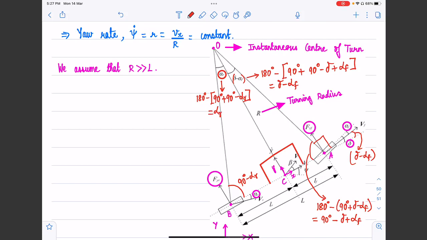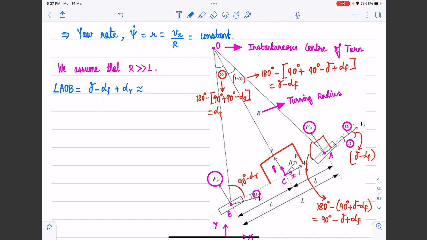So we have derived expressions for angles AOC and BOC. Immediately we can see that angle AOB is going to be delta minus alpha F plus alpha R. And under the small angle assumption, where R is very much greater than L, please note this figure is not to scale.